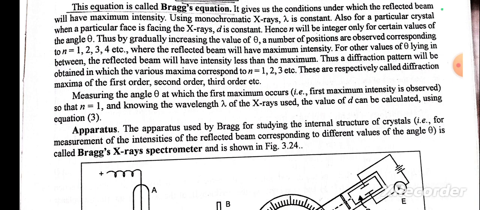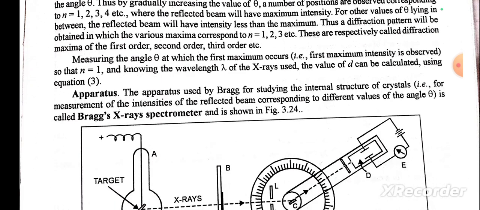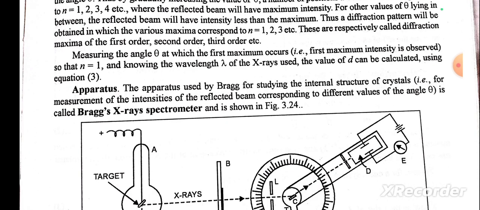For other values of theta lying in between, the reflected beam will have less than the maximum intensity. Thus, the diffraction pattern will be obtained corresponding to n equal to 1, 2, 3, etc., and these are respectively called diffraction maxima of the first order, second order, third order, etc.